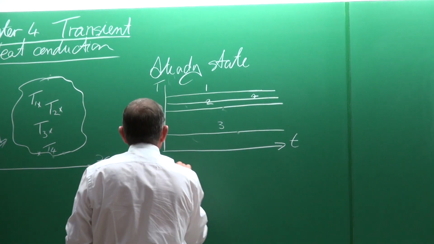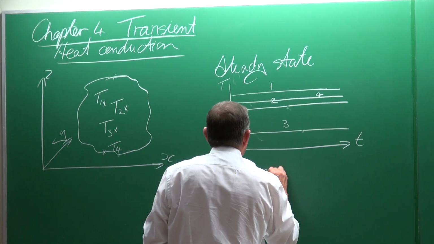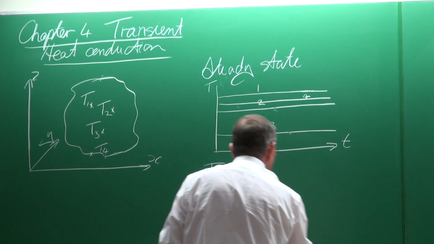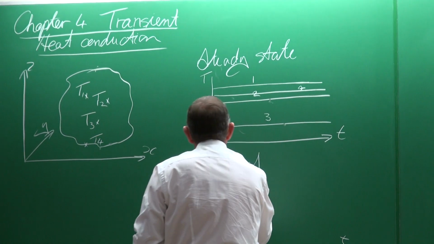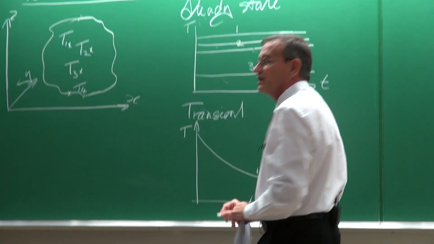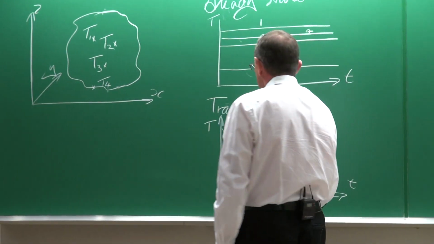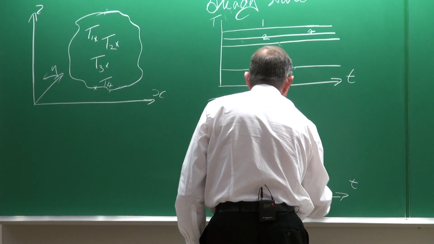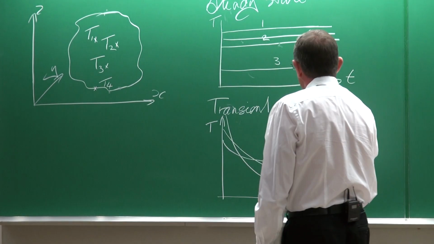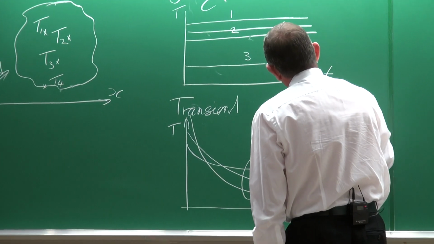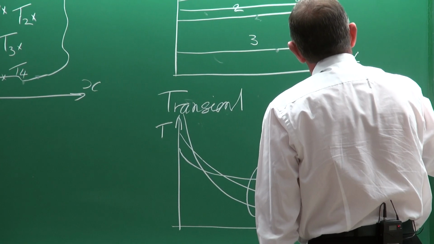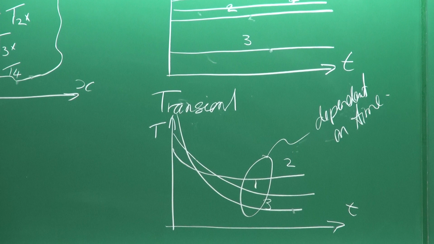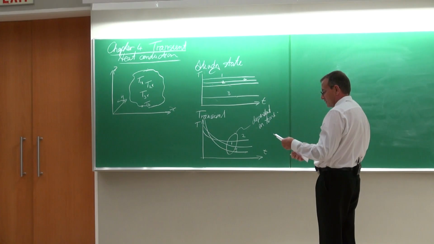However, if it is transient, then the temperatures as a function of time would change. So that might be the temperature at point 1, that might be the temperature at point 2, the temperature at point 3, etc. So transient means it is dependent on time, and therefore we would like to get the temperatures as a function of time.